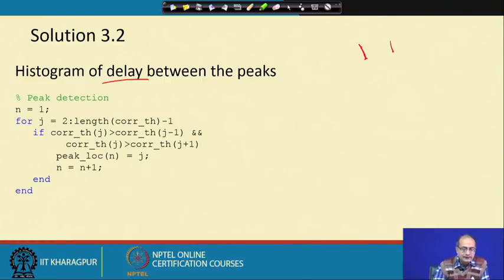So, for that what we do? We start with the correlation threshold, and we need to identify the correct location of the peak.